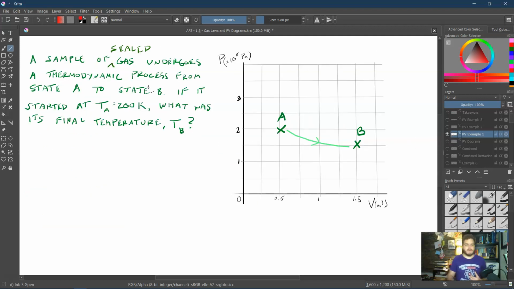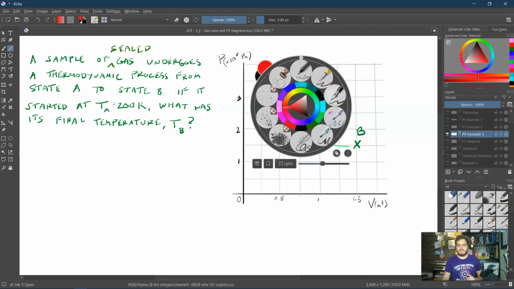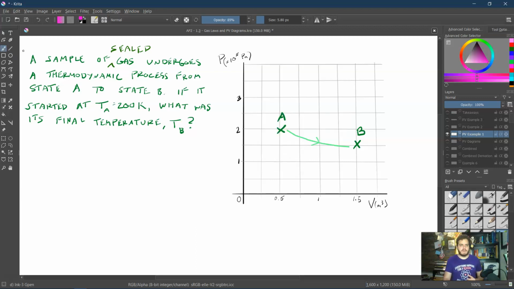So instead, we know that in state A the temperature is 200 Kelvin, the pressure is 2 times 10^5 pascals, and the volume is 0.5 meters cubed. If we look over here, we have a pressure of 1.5 times 10^5 pascals and a volume of 1.5 meters cubed. What is this new temperature going to be?